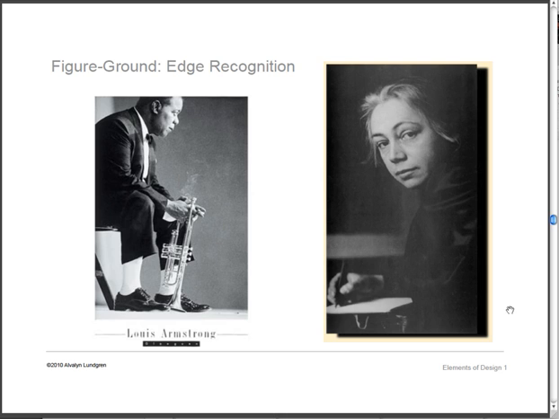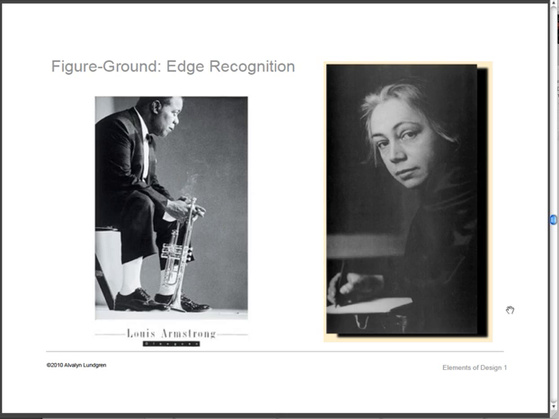Figure and ground indicate a separation of one from the other. We talked in the first session about lost and found contour, where we have found or easily recognized contour or explicit edge. We have a really strong figure-ground recognition.